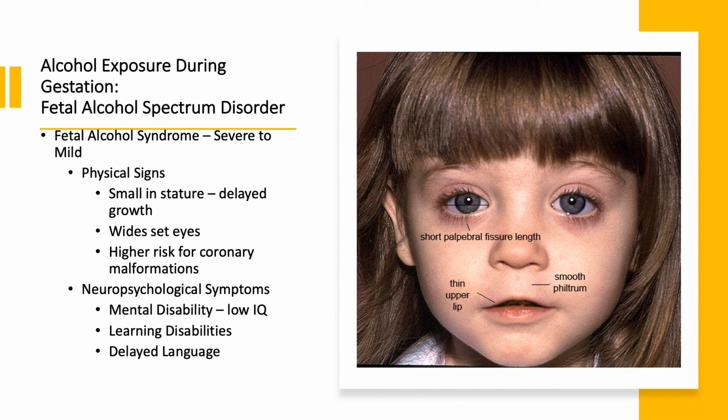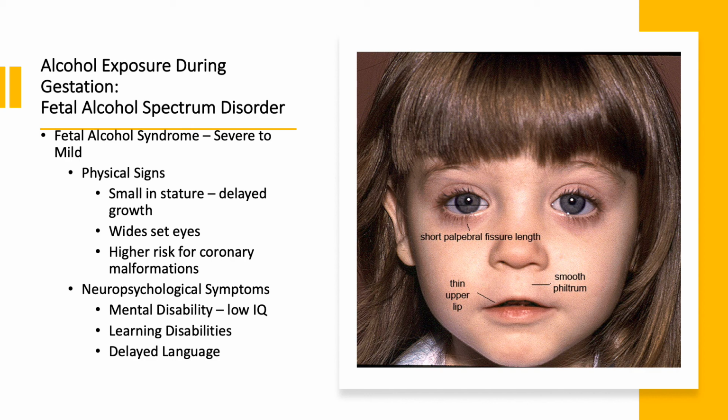But it takes a while for the acetaldehyde in the baby's bloodstream to be metabolized. And so it actually builds up a little higher than in the mom's bloodstream. So it's thought that babies actually have a little higher dose of both alcohol and acetaldehyde than the mom does, which is why it doesn't take a lot of alcohol to see some possible effects in the baby. There's no guarantee there will be effects, but some possible effects in the baby.